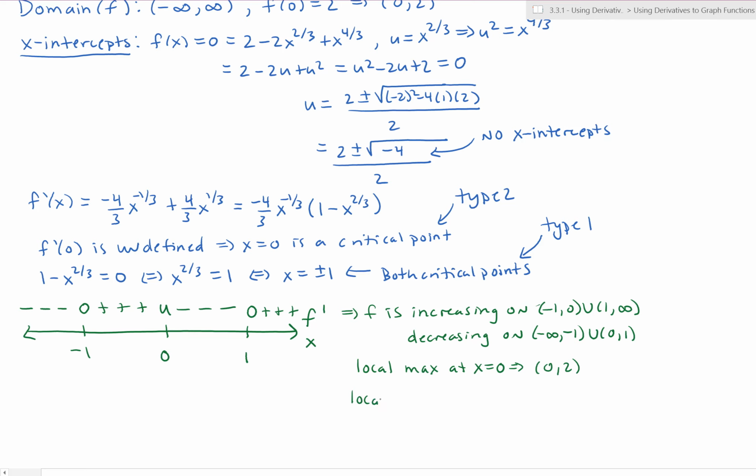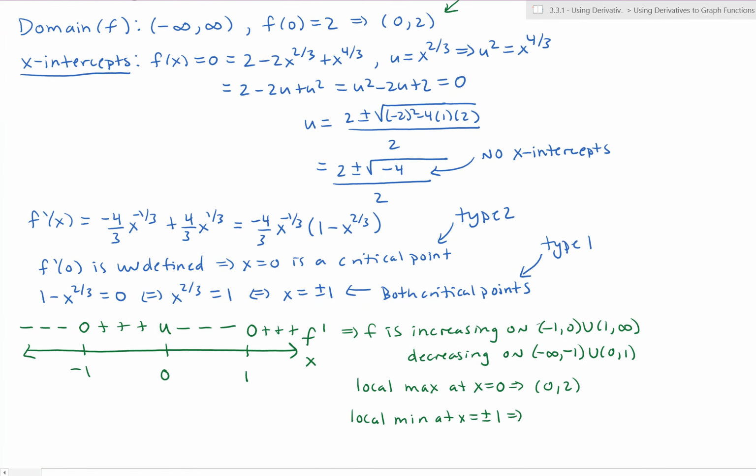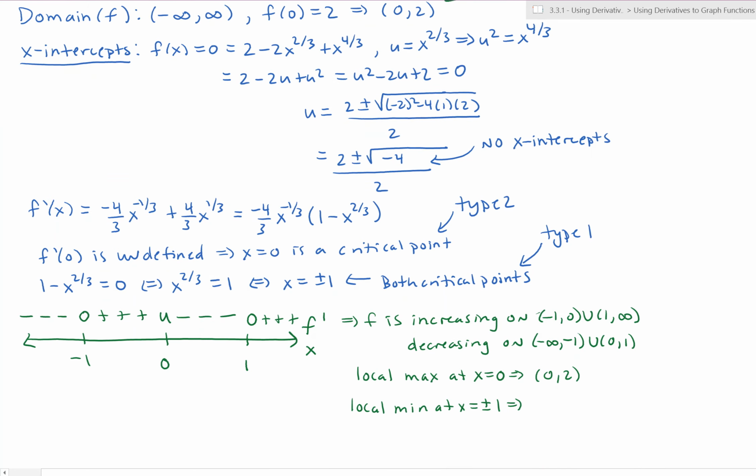We also have some local min values here. And those occur at both x is 1 and at -1. And in fact, if you go ahead and plug in 1 and -1 into the function right here, what you will find is that it produces the output of 1.